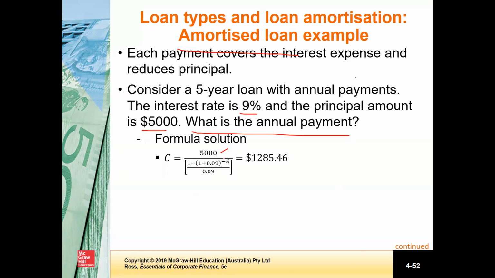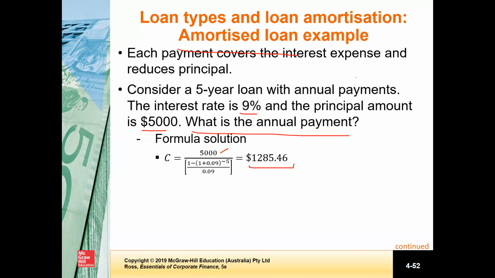So this is the present value factor, and you can see that this is 1,285.46. So this is the annual payment, and this payment includes both interest and a part of the principal. So 1,285 will be paid annually for 5 years, and the entire loan will be repaid.